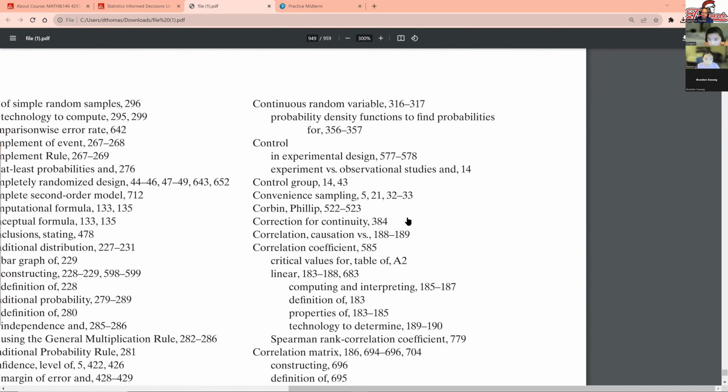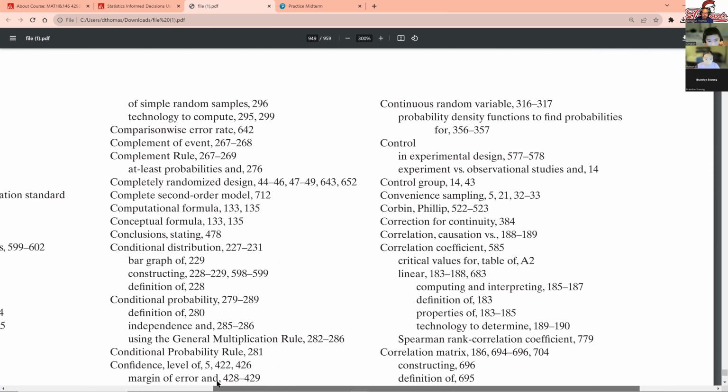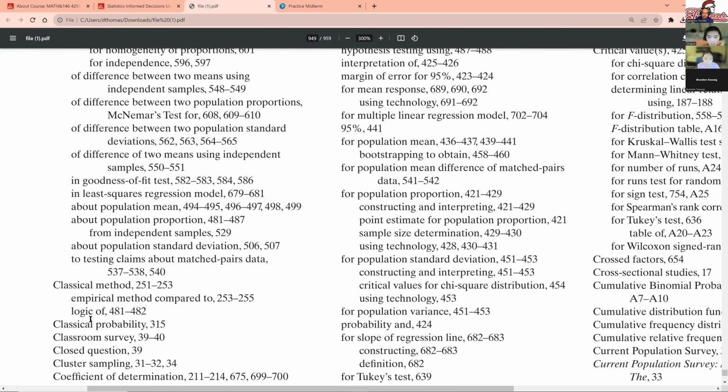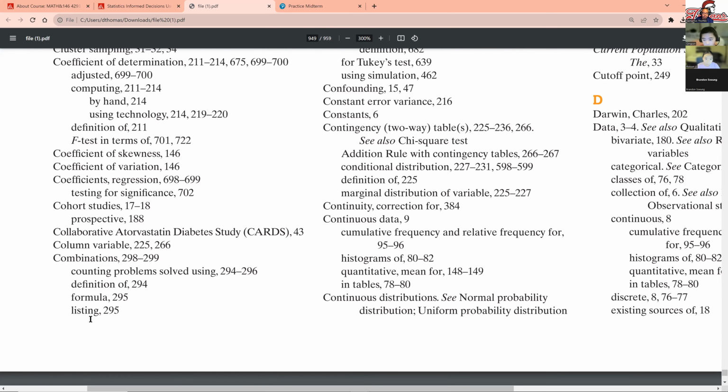It's the coefficient of determination. All right, one second, let's see if we can find that. Page 211.